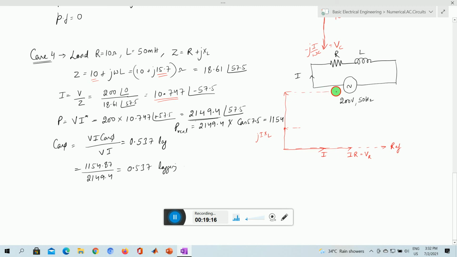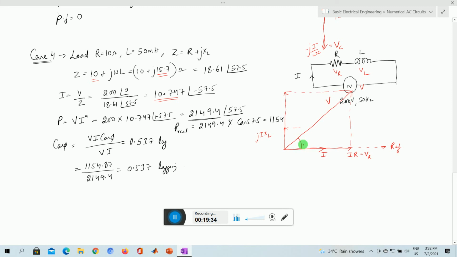Now take the resultant vector between VR and VL. This resultant will give us the direction of V, the applied voltage.